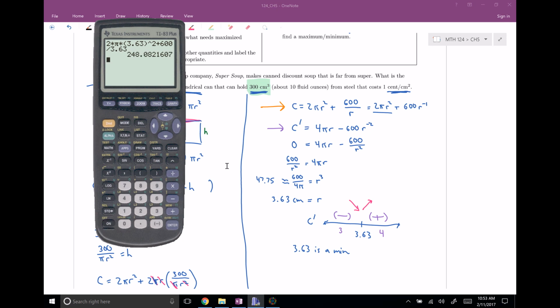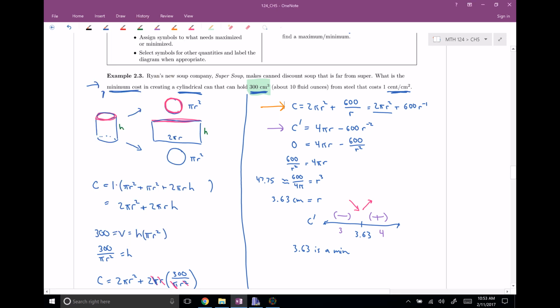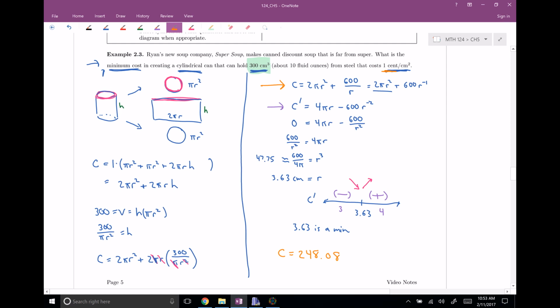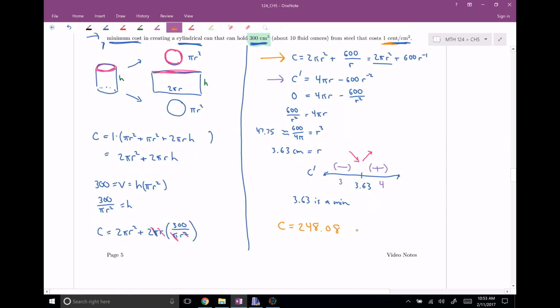Enter. 248.08. So cost is equal to 248.08. Remember, cost is in cents, so this is cents. So if you'd like, you can also write this as $2.48 will be the minimum cost of a cylindrical can.